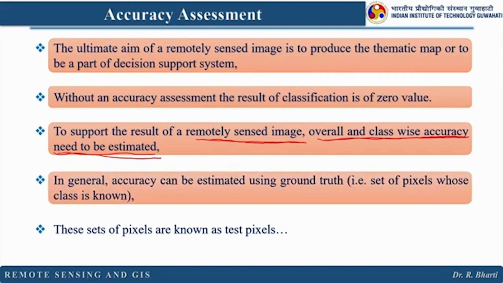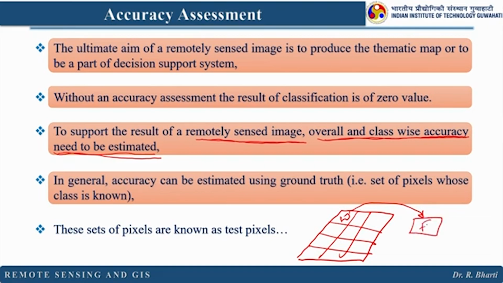In general, accuracy can be estimated using ground truth, because ultimately we want to compare with the original scenario. So, suppose you have an image, right, and this is the classified one, let us assume, and you have found that this pixel belongs to water. But when you visited the area, you found that the latitude longitude of this particular pixel is basically forest, this is not water in the field.